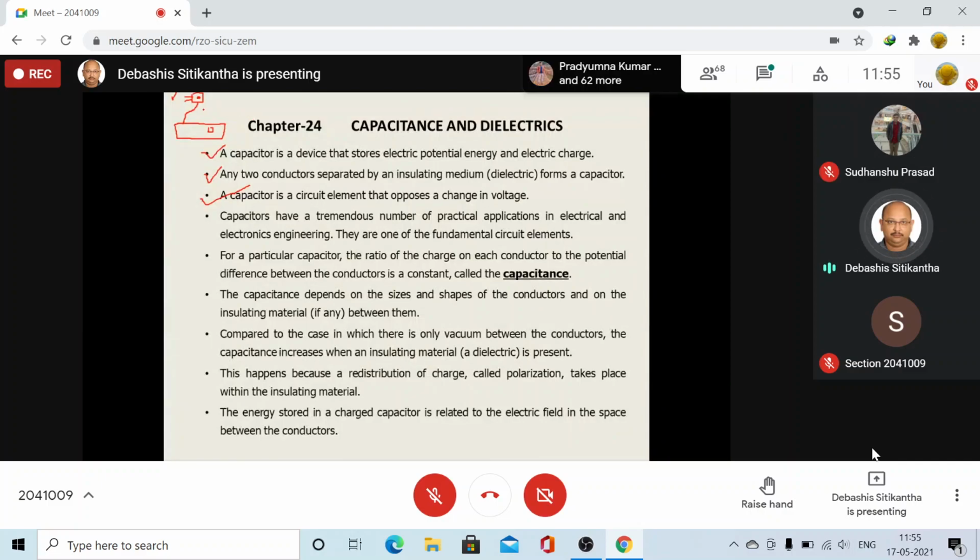Now what is actually happening? The moment you close the switch, the light glows. The moment you switch off the switch, the applied voltage is equal to 0.